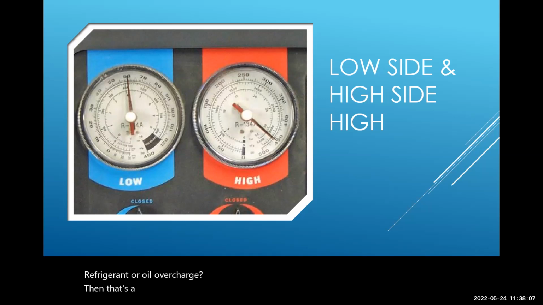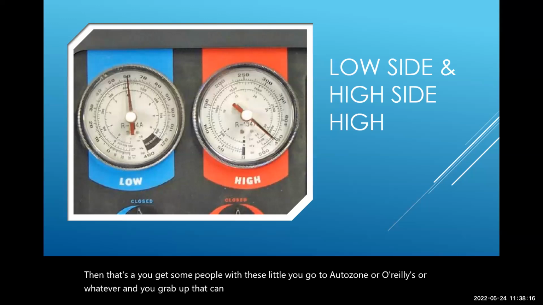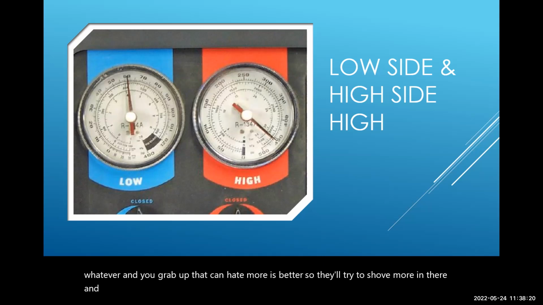You get some people who go to AutoZone or O'Reilly's or whatever, and grab up that can, thinking, hey, more is better. So they'll try to shove more in there. And then we might have an airflow restriction through the condenser.